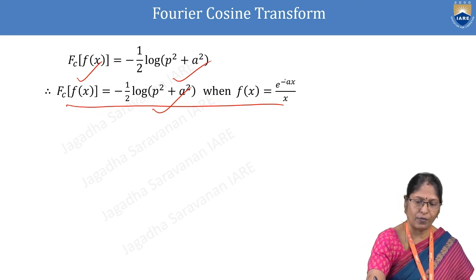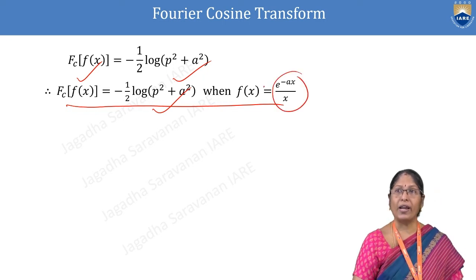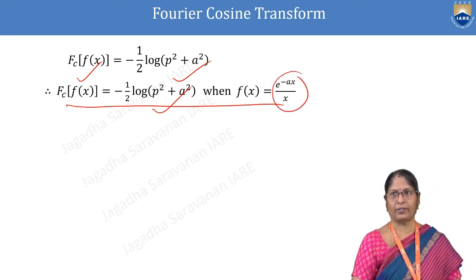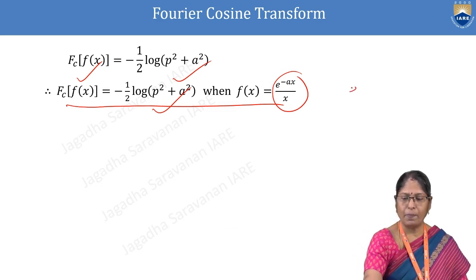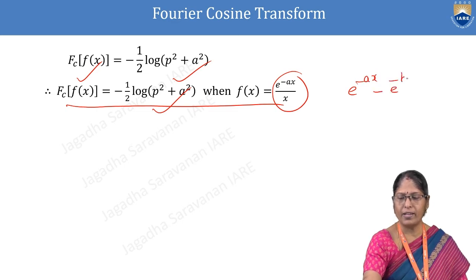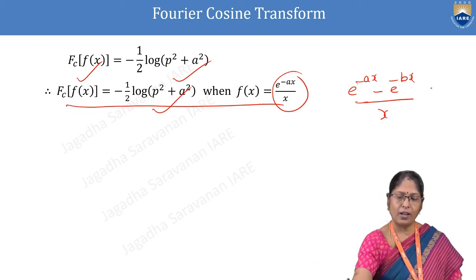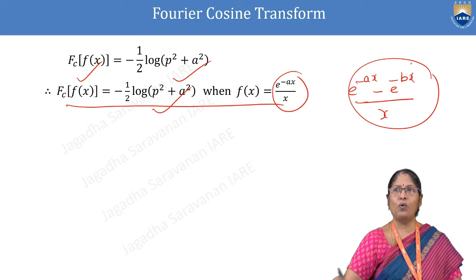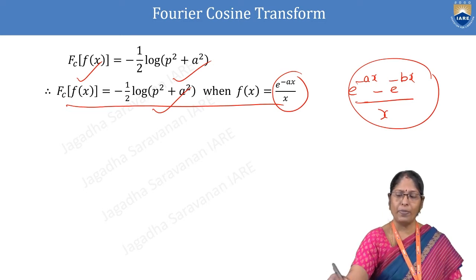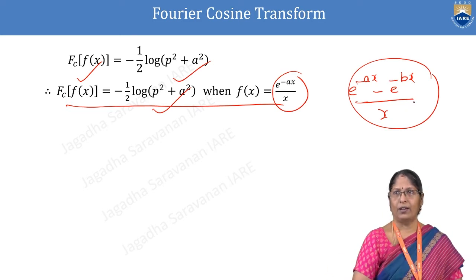We have taken the function e power minus ax by x. But our question is e power minus ax minus e power minus bx by x. This is our question. They asked us to do the Fourier cosine transform for this.